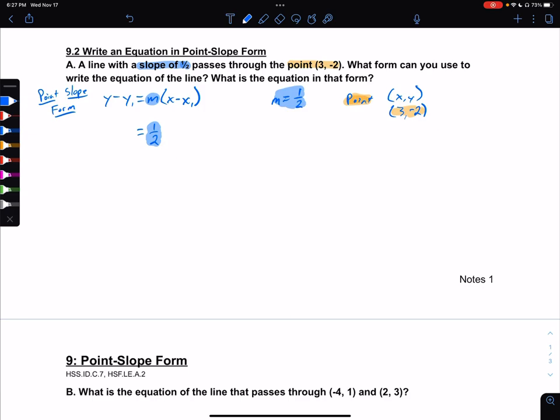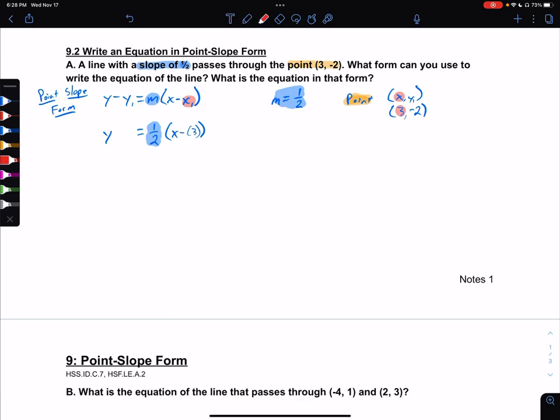And then from here, we're going to have our y value and our x value. Those will stay the same. And we're going to plug in our x1, y1. So this single coordinate point with values of x1, y1 is going to get plugged in. So x1 is a value of 3. So where x1 is, we're going to say minus 3. I'm going to use parentheses here.